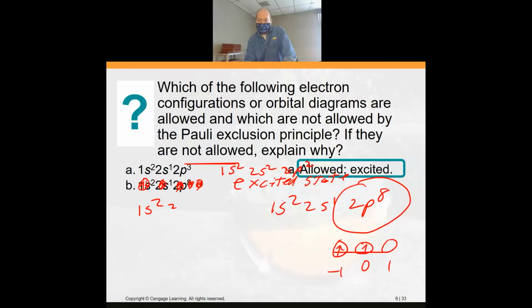You can't put 8 electrons in here. The maximum number of electrons that you can put into one orbital is 2. The maximum number of electrons that you can put in a p subshell is 6. If you try to put in 8, that is not allowed, which I call forbidden. Or call it not allowed.